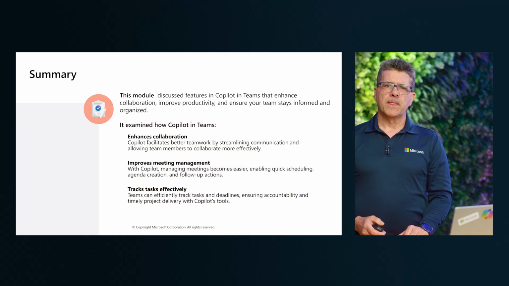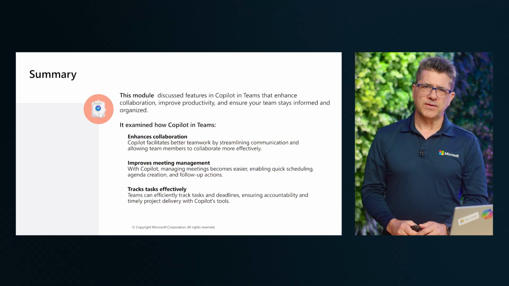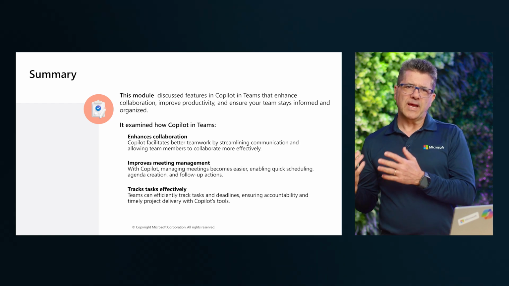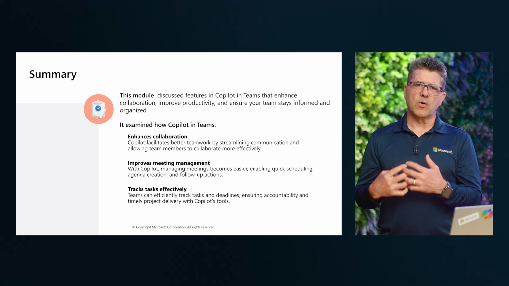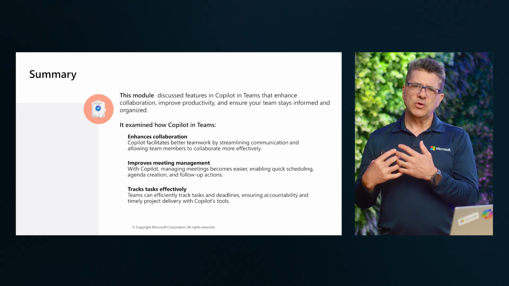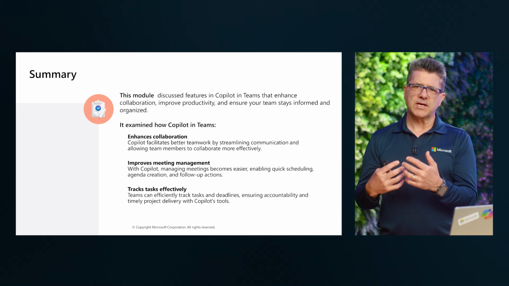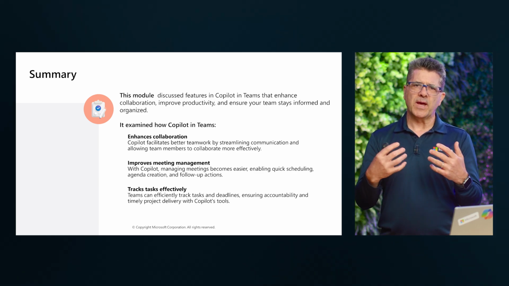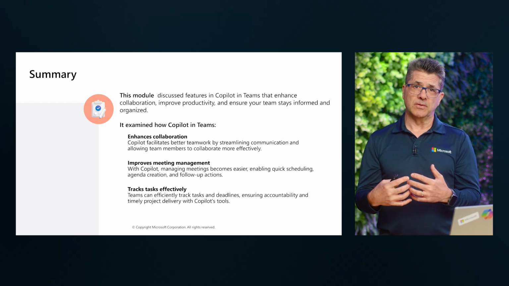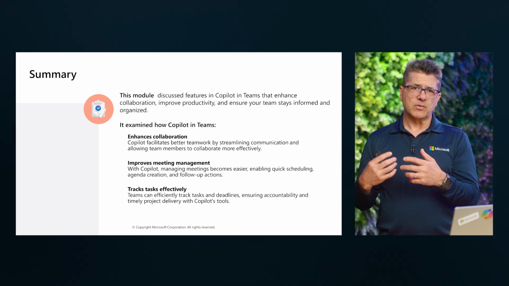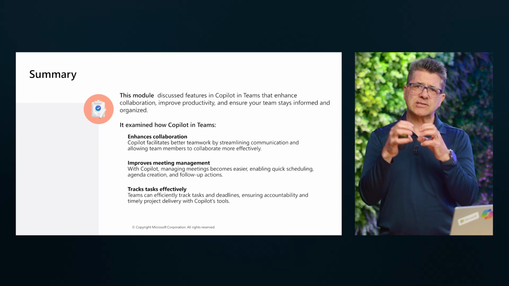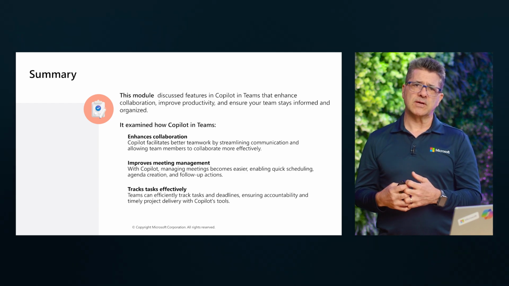With that, it brings us to the end of this module number 4. In this module, we talked about enhancing your collaboration, leveraging Copilot to facilitate your understanding and your conversation, to help you draft, summarize, and participate in the meeting together with you, listening, creating transcripts, summarizing those transcripts, and extracting information from them.